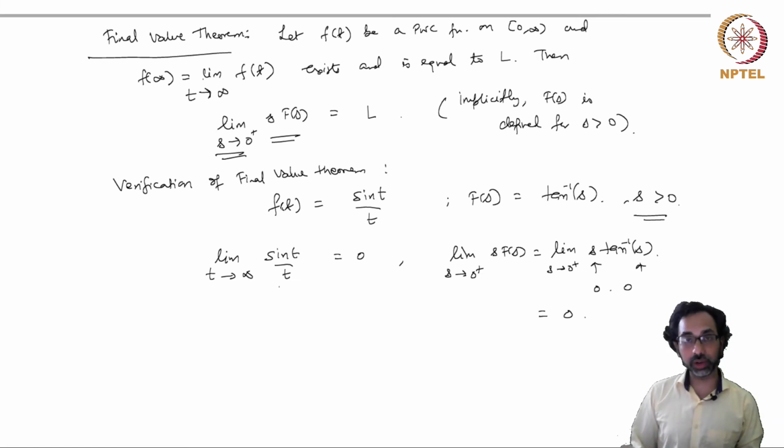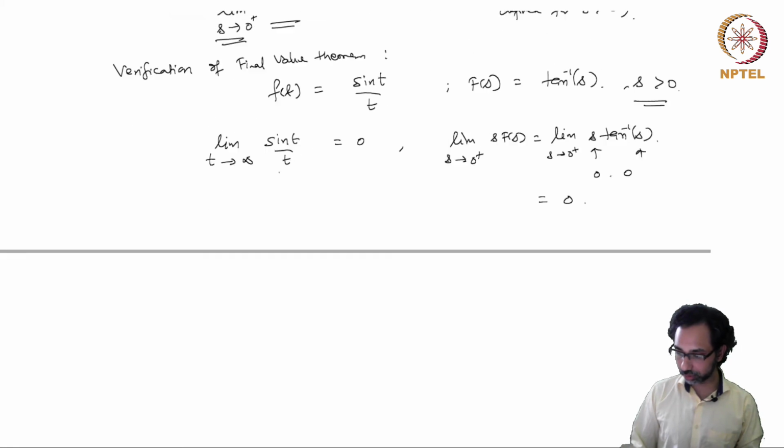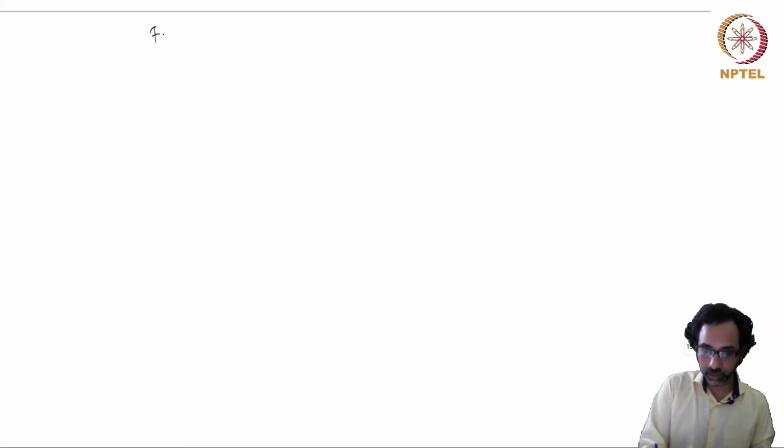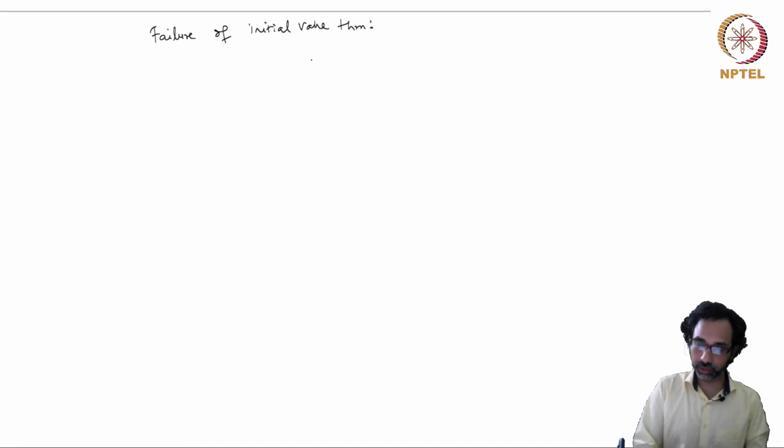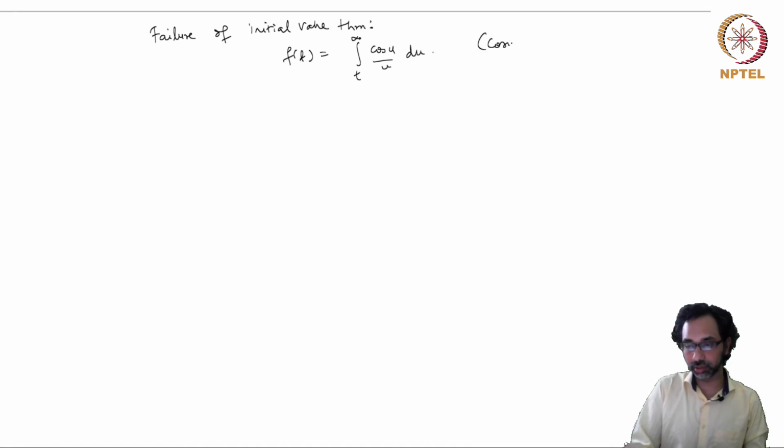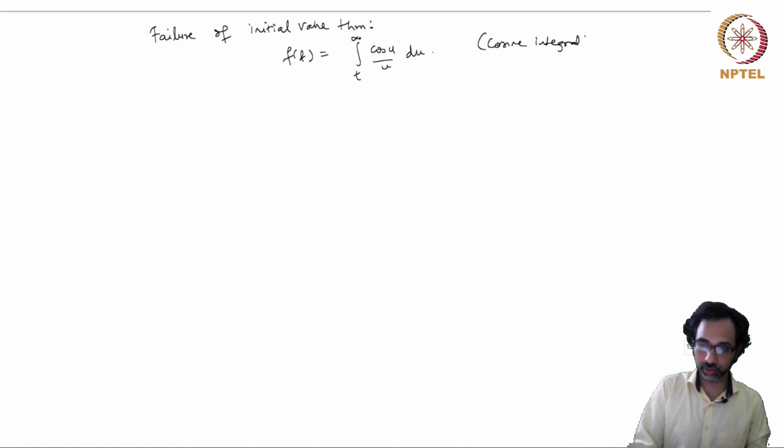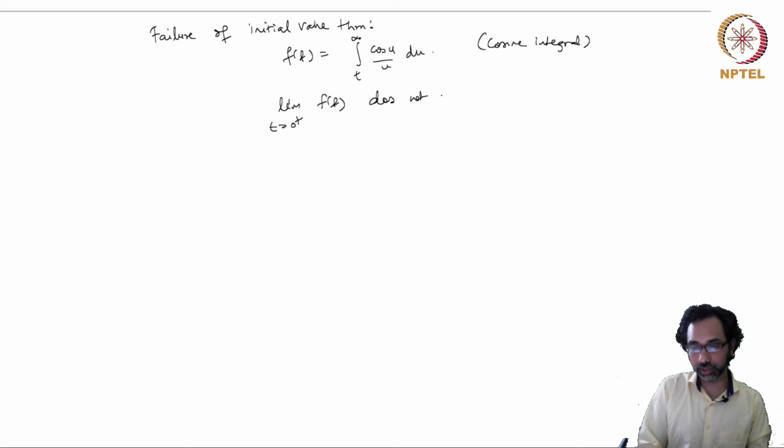Now both the initial and final value theorems can fail to hold. For example, failure of, let's say, the initial value theorem. If you take f(t) to be the integral from t to infinity of cos u over u du, the cosine integral, note that the limit as t goes to 0 plus of f(t), the initial value, does not exist.